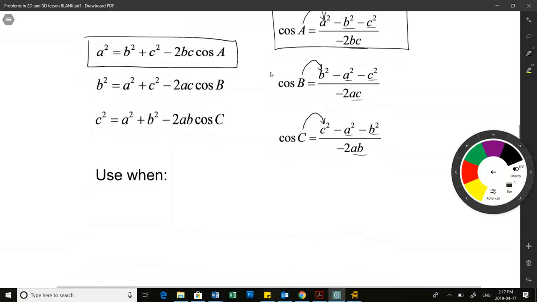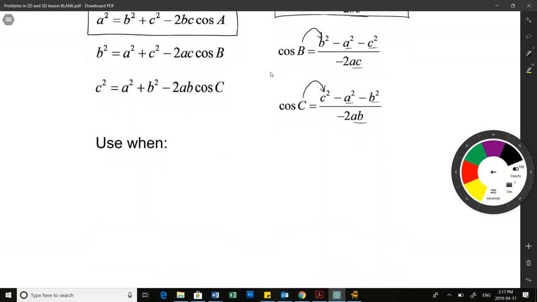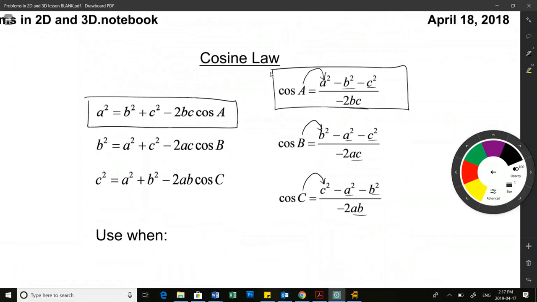We discussed when we use these, so I don't think we need to go over that. But essentially, if I can't use sine law, I'm using cosine law. So if you don't have that angle and opposite side pairing, we revert to cosine law: three sides, or two sides and one contained angle.